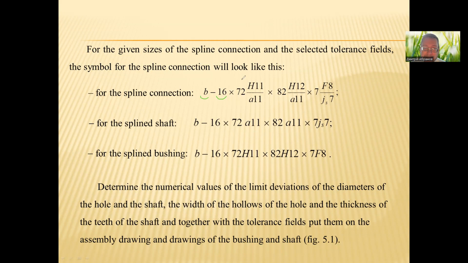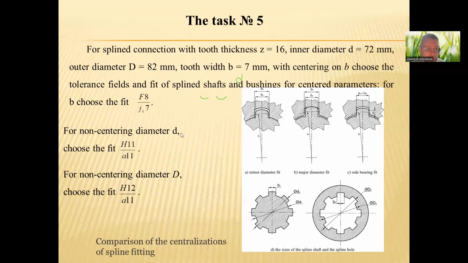Inner diameter small d is equal to 72 millimeters. For small d, we choose the tolerance fields H11, A11, as we saw on the previous slide. For big D, H12, A11.